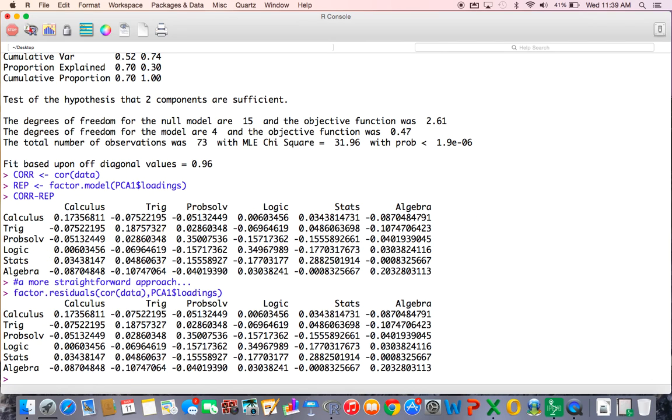And you'll notice that you get exactly the same thing. So this is just the residual, the difference between the observed and what we currently have. And this is just doing the brunt work to show you that they're just a difference between two matrices.